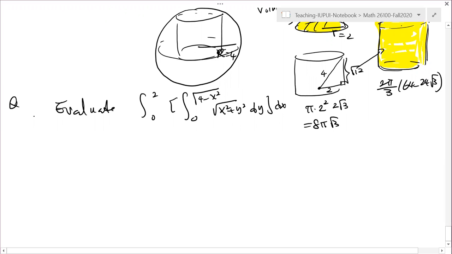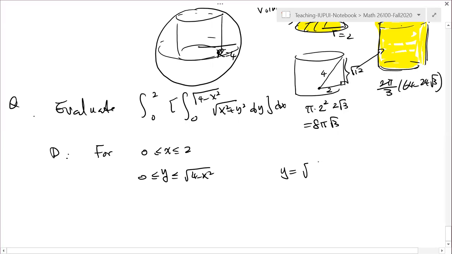So we should figure out the domain D. For the domain D, how do you figure it out? For x between 0 and 2, we know that y is between 0 and 4 minus x squared. Take a look at y.